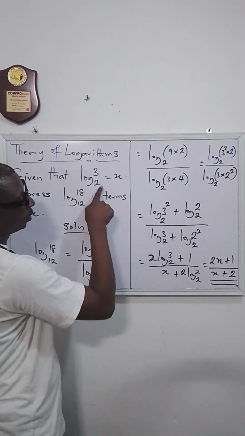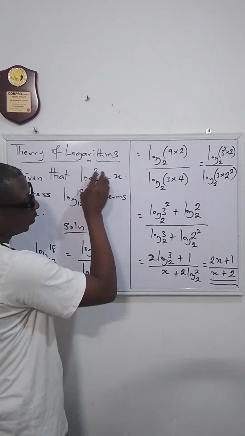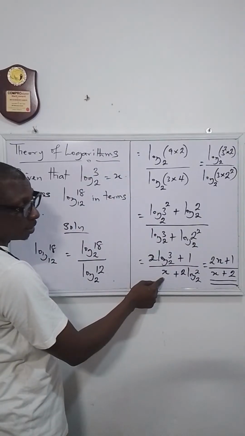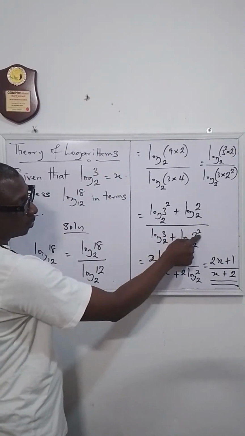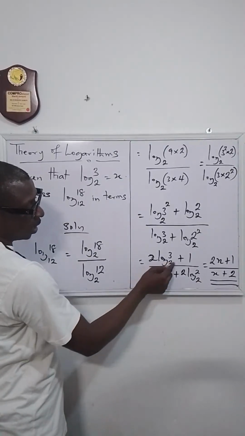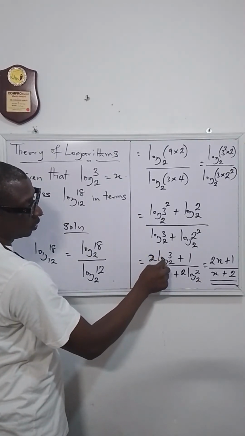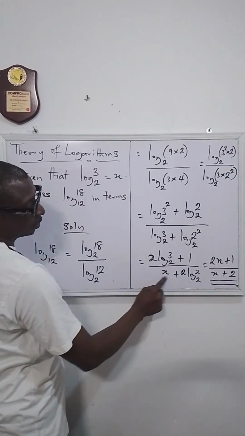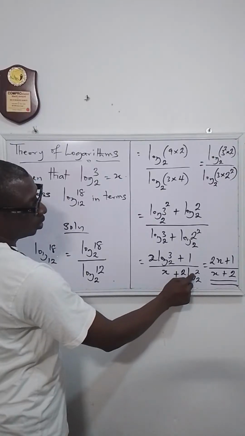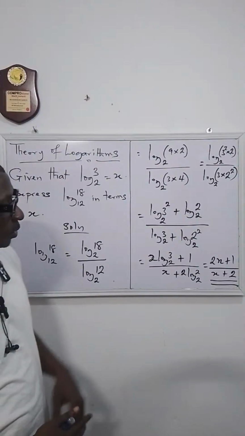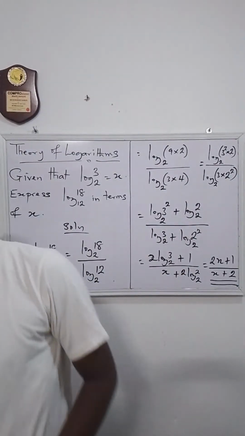Log 3 base 2 is x. So wherever I see log 3 base 2, I just plug in the x, and that's what I've done here. So plus, now this 2 comes to this side. And don't forget log 3 base 2 is x. So we have 2x plus 1 over x plus 2, since log 2 base 2 is 1. So that is how to solve that question.